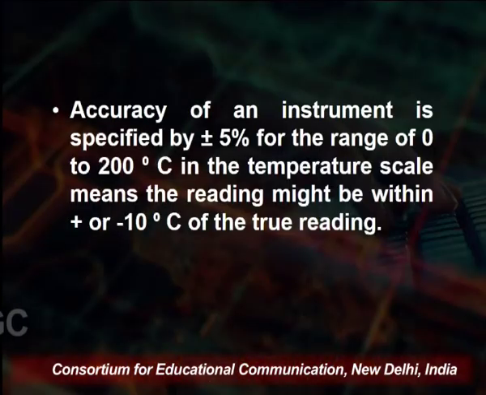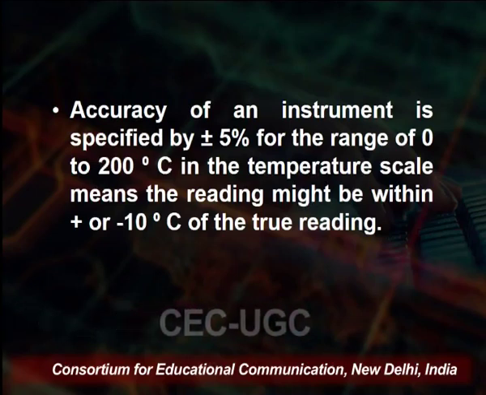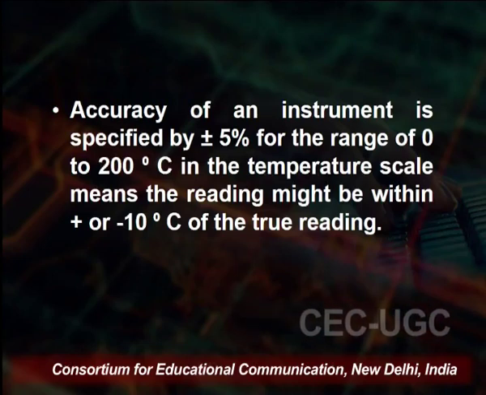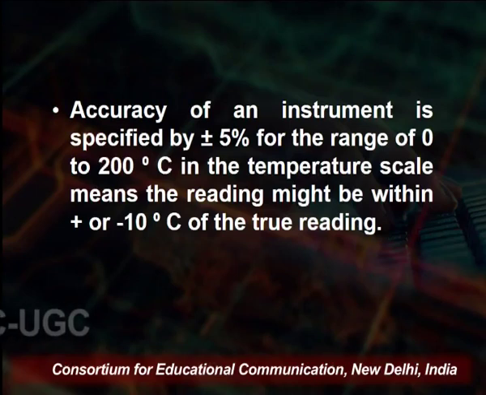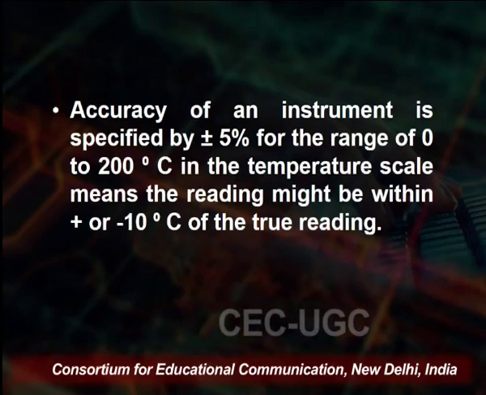So, accuracy is very important for measuring the static characteristics. The accuracy of an instrument may be specified as plus or minus 5% for the range of 0 to 200 degrees centigrade on the temperature scale, meaning the reading might be within 10 degrees of the true value. That is accurate value: close to the true value, not the exact value.